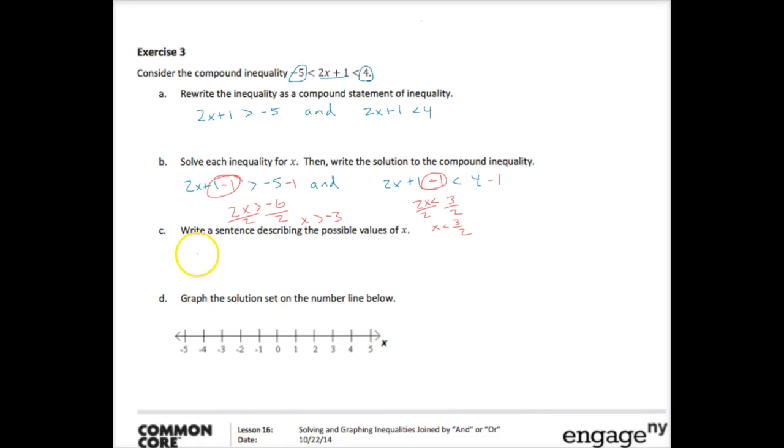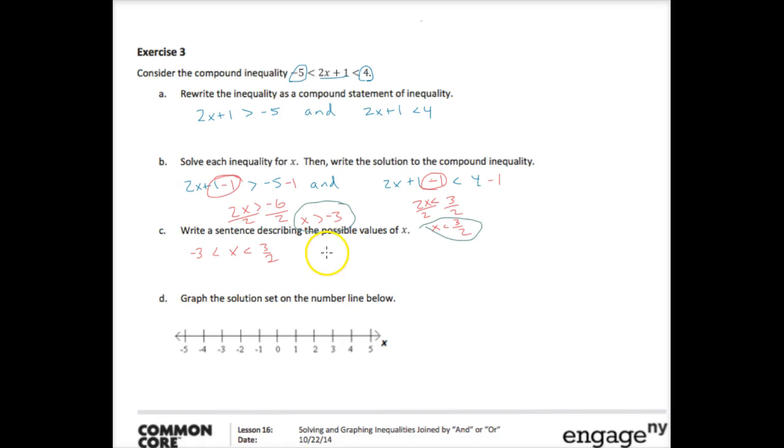Well, our sentence has to be that we want to describe when x is greater than -3 and less than 3/2. Those are the two values that, whoops, 3/2, not 4, so I'm just getting ahead of myself. So what I'm trying to do is combine what I see here. x is greater than -3. x is less than 3/2.